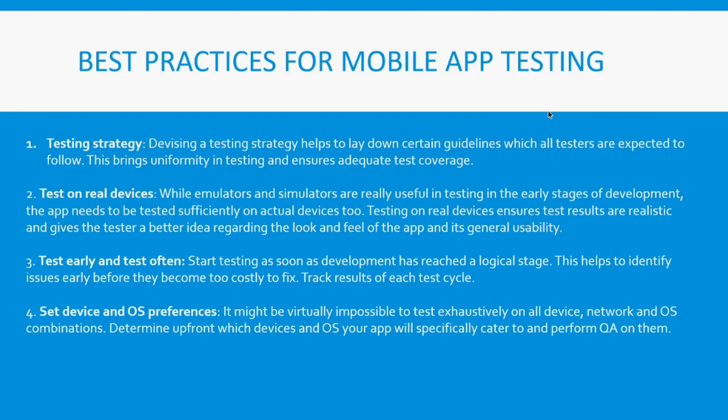Now, what are the best practices for mobile app testing? As I said earlier, you need to have a testing strategy. You need to know what you are testing. You need to devise a testing strategy that helps you lay down certain guidelines which you are expected to follow.